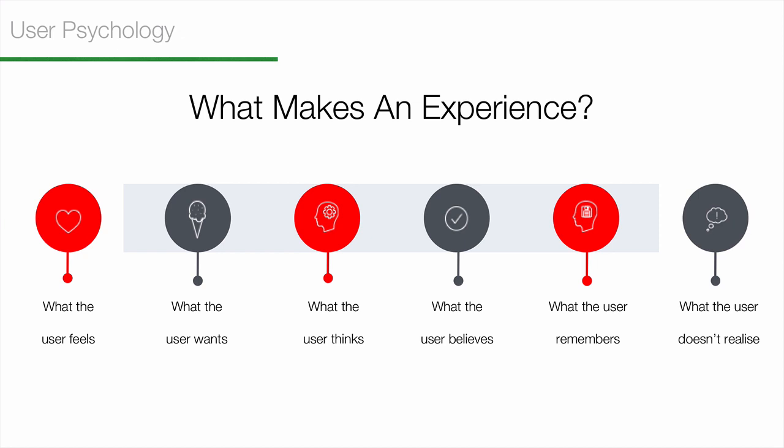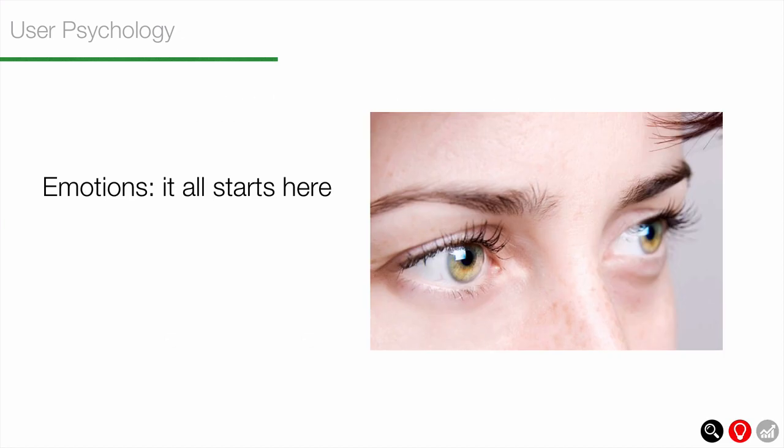What the user thinks, what the user believes, what the user remembers. Do they remember specific things? Do they associate your product or service with something positive or negative? And also there's an intangible at the end, and there are certain elements maybe that the user doesn't genuinely think about. But user psychology is really all about emotions.